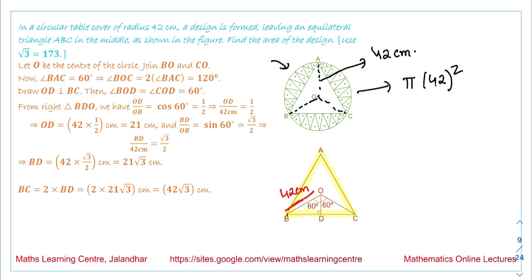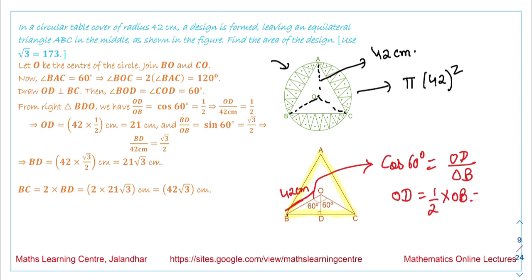Now we write the value of cos 60 degree corresponding to this angle, and that is equal to OD over OB. So the value of OD is cos 60, which is 1 by 2, into OB, and OB length is 42. So the answer we get for this is equal to 21 centimeter.